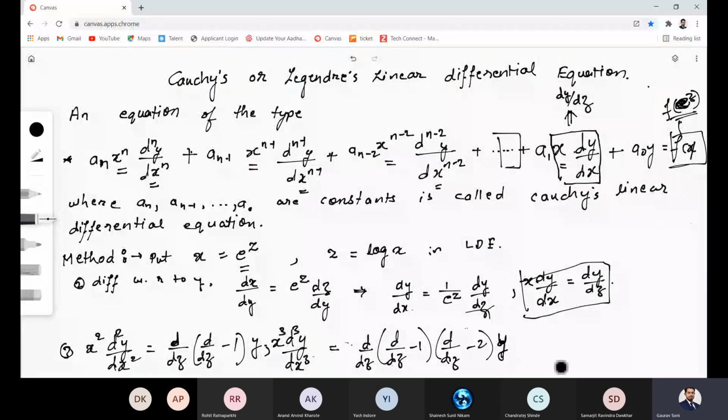Okay, so this kind of changes will happen, and all these terms, x will get removed completely from that coefficient part, and we will originally get a linear differential equation with constant coefficients.